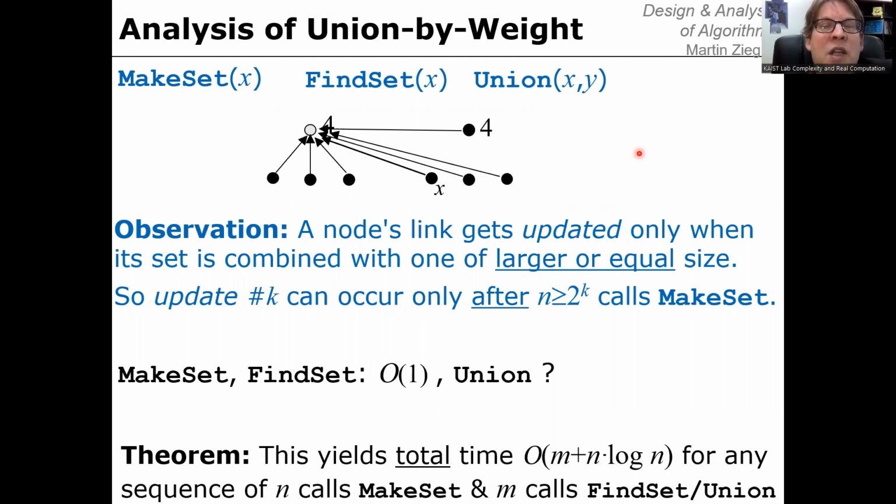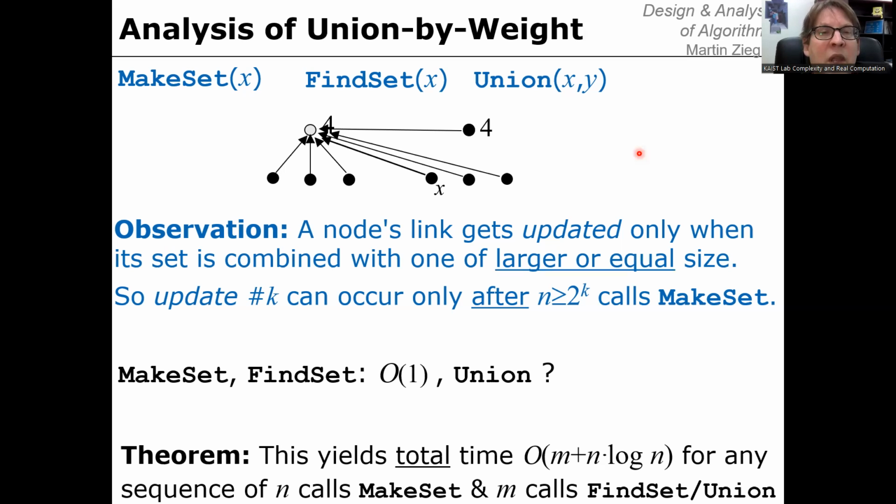There were interesting cases in the analysis when both sets have the same size, and we analyzed that and showed that this has logarithmic amortized cost. And now we want to further decrease that. So now we start over again, devising our third data structure and analyzing our third algorithm for the disjoint set data structure.